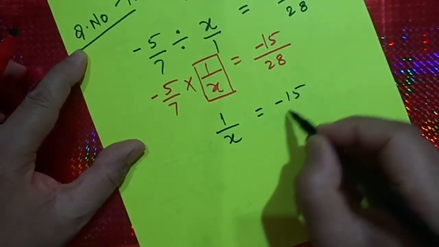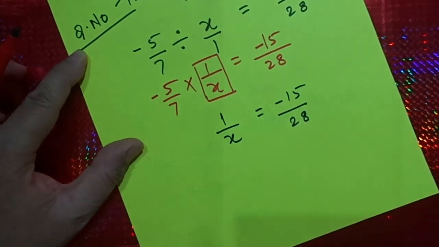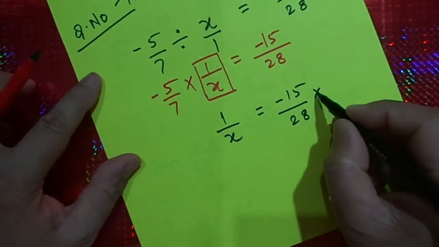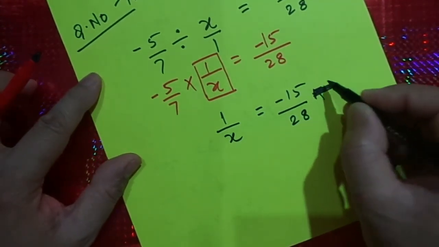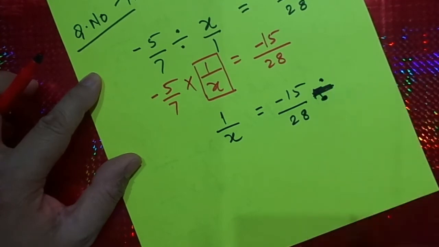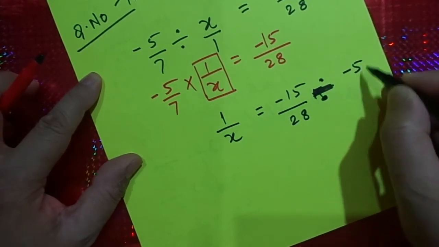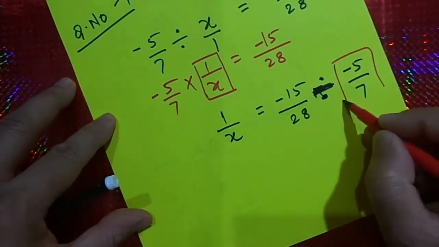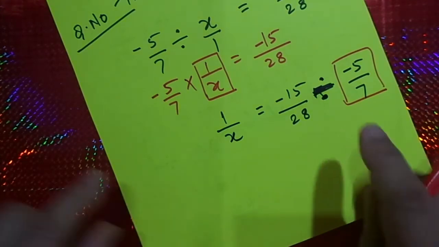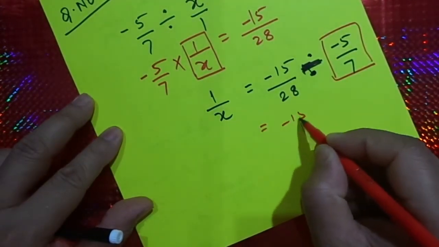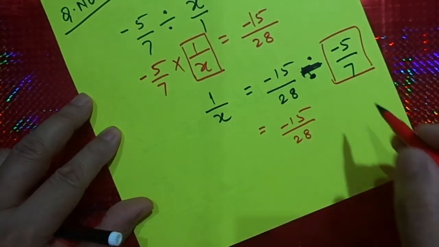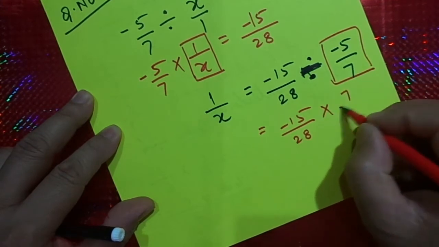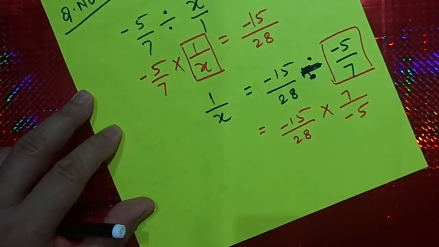Therefore, minus 15 by 28, since this was in multiplication form, this will change into division form, divided by minus 5 by 7. Clear? So 1 by x is equal to minus 15 by 28 divided by minus 5 by 7. Once again, I am going to convert this into multiplication, and it will be 7 by minus 5.